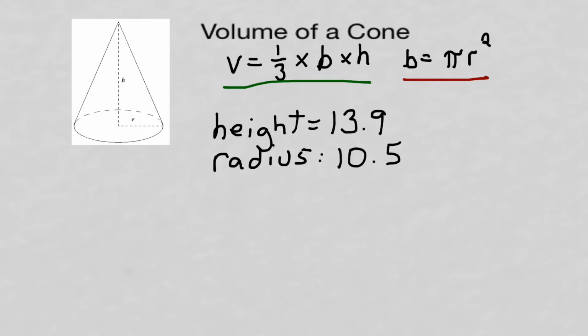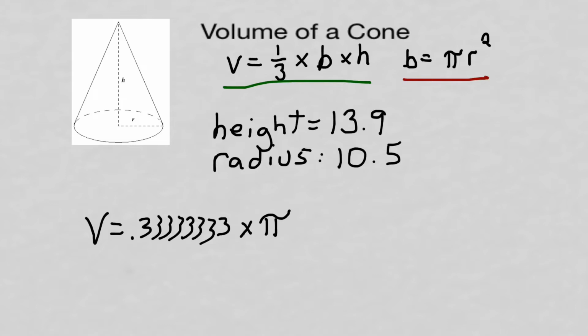So, to put this in your calculator, you knew from last class that 1/3 is going to be 0.333333333. You can just go ahead and put that in your calculator. All right? Then you're going to multiply it by pi r squared. Okay, we can just put that in as times pi times r squared, which is just radius times radius.